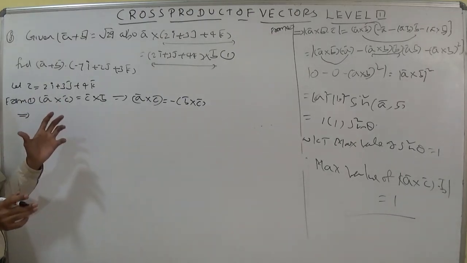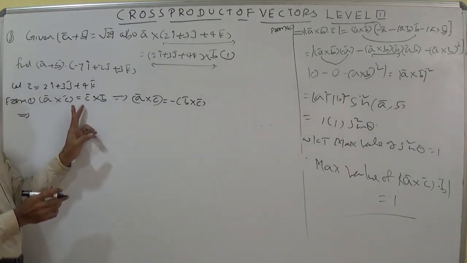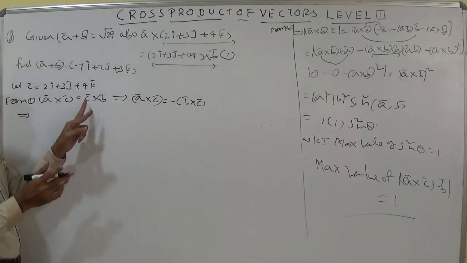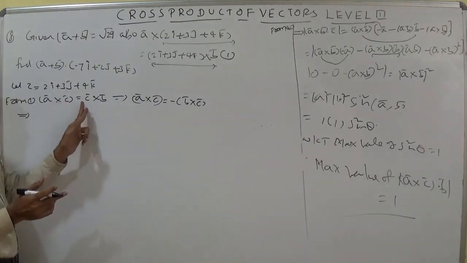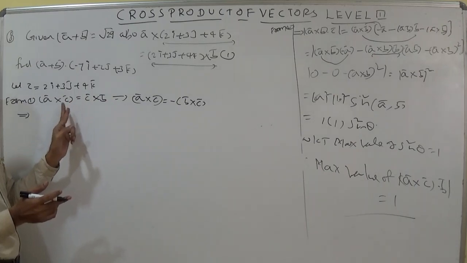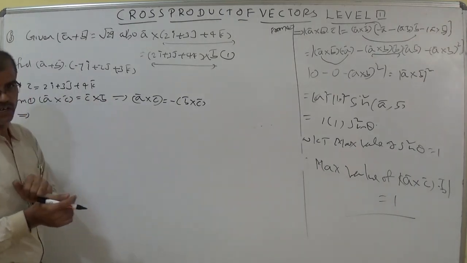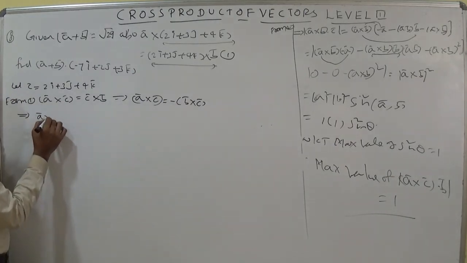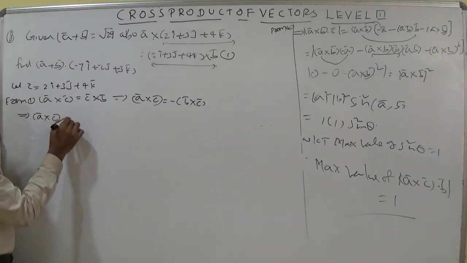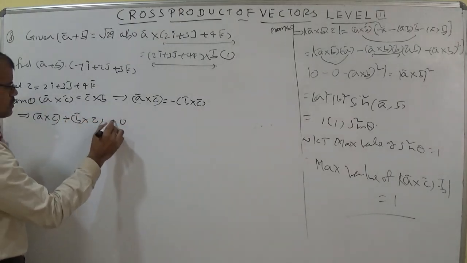C bar is the second letter here, C bar is the first letter here. Whenever you take common, the letter should be the same. So you can write now A bar cross C bar plus B bar cross C bar is equal to 0 bar.